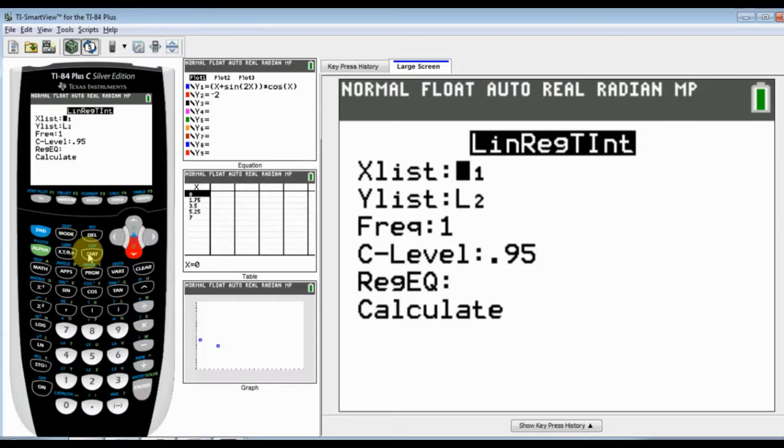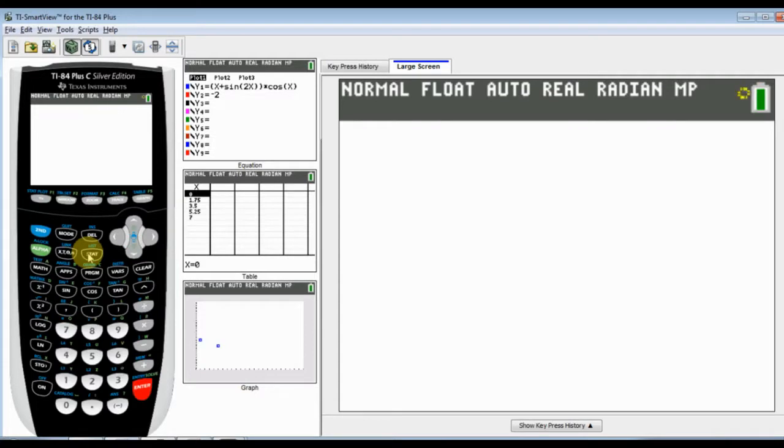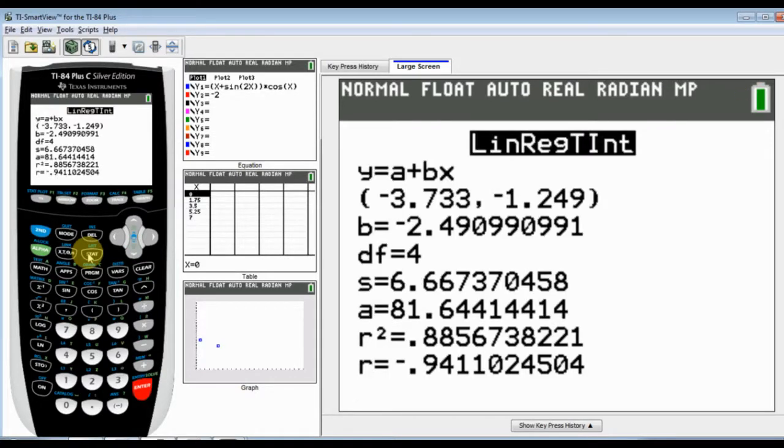Okay, we have L1, L2, frequency, confidence level. Do I have the right confidence level? Yeah. And then we're going to calculate. That's great.